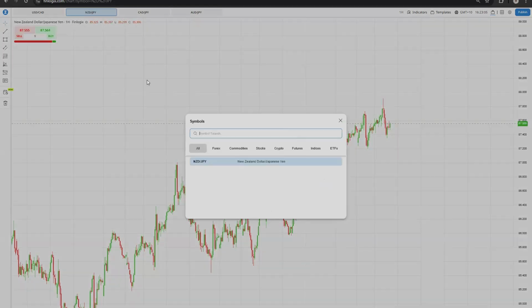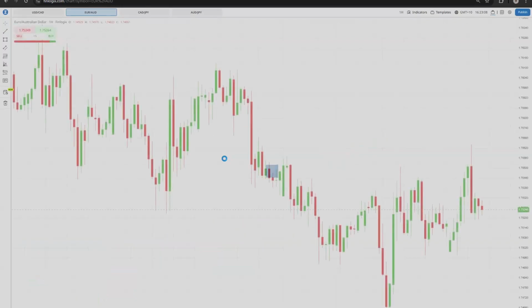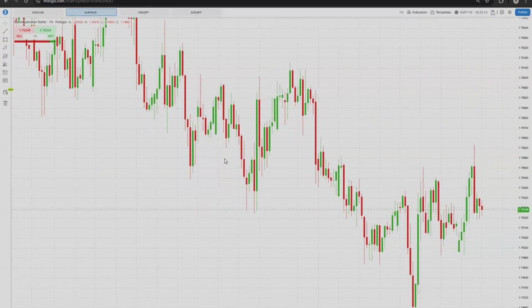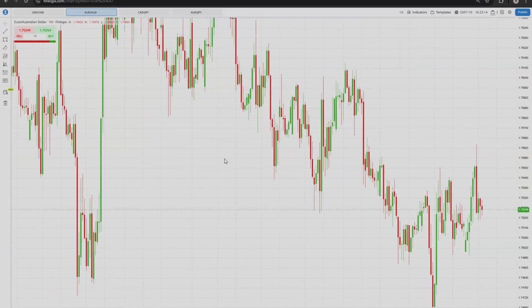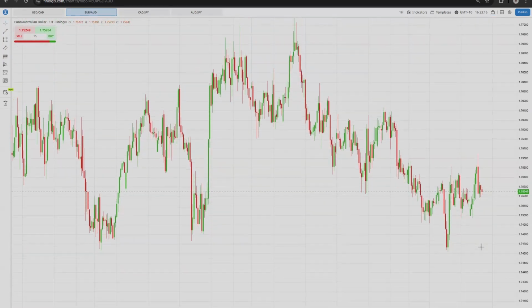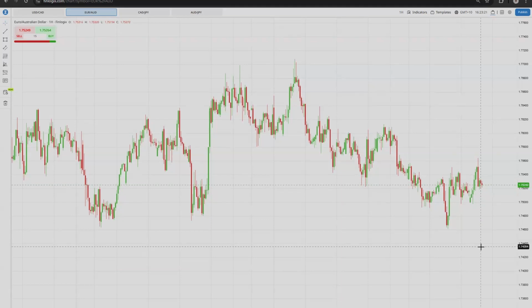For those who were here last week, we caught a short position on Euro Aussie, if I'm not wrong, last Tuesday. What day was last Tuesday? Let me check my calendar. Last Wednesday, sorry, it was the 4th. On the 4th of June we caught a nice trade there.